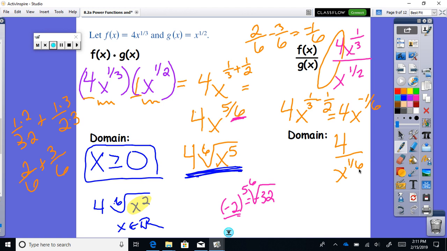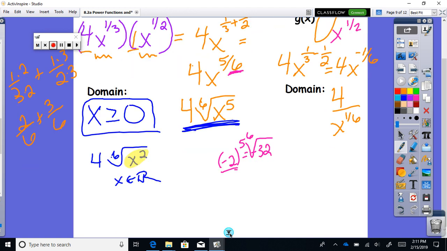Now technically, this is the same thing as 4 over the 6th root of x. Now if you want to simplify this the correct way, you can't leave the radical down here, so you have to take it by the 6th root of something. I have 1 x here, I'm going to need 6 x's to cancel out this root.